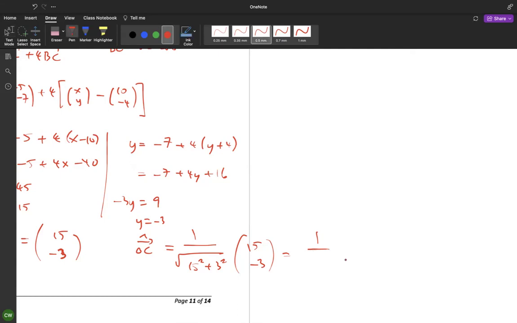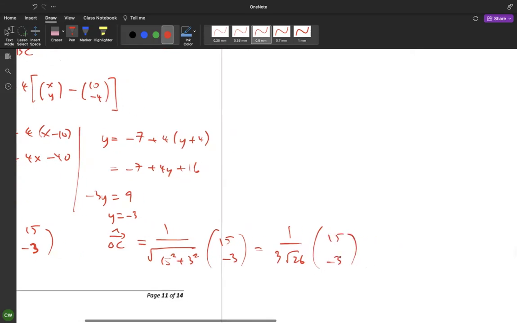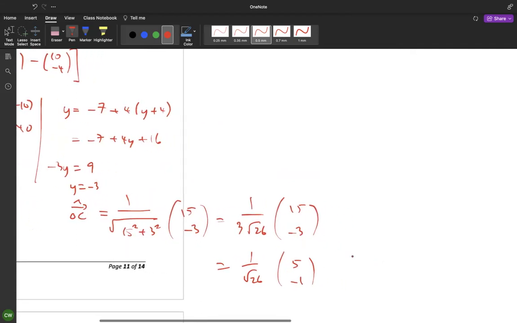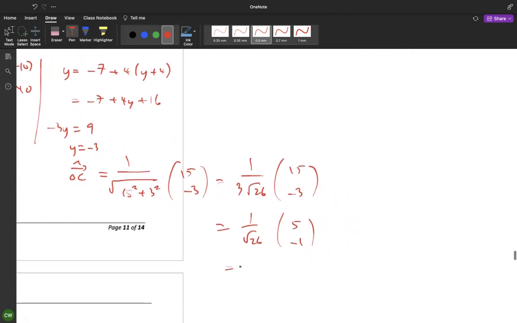So it's going to be 1 over 3 root 26, times 15 and minus 3. We can also simplify by 3. So it's 5 and minus 1. And this one again, you can change it to root 26 over 26, times 5 and minus 1.